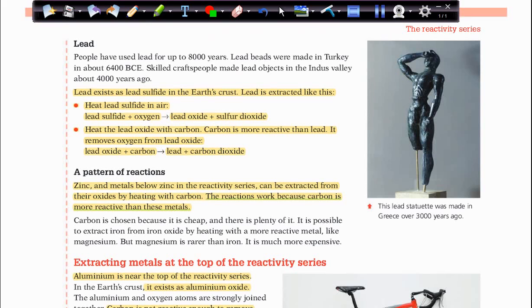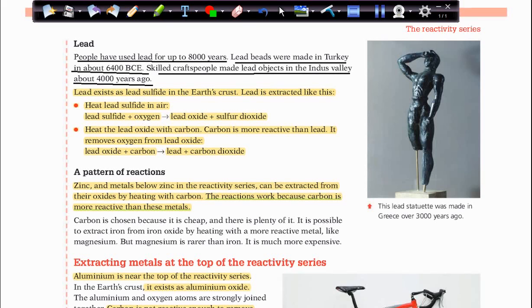Now, let's go to the next page. Lead. People have used lead for up to 8,000 years. Lead beads were made in Turkey in about 6,500 BCE. Skilled craftspeople made lead objects in the Indus Valley about 4,000 years ago.